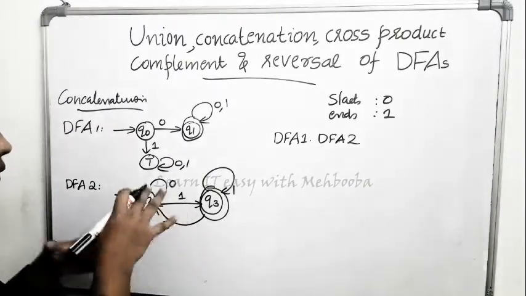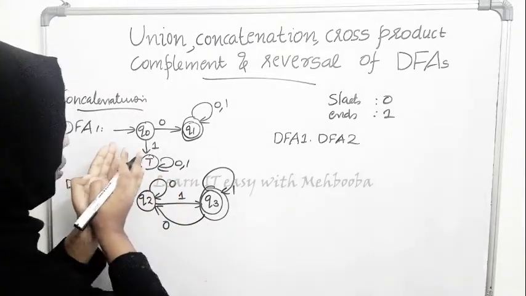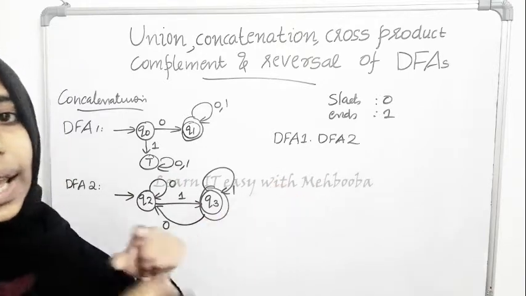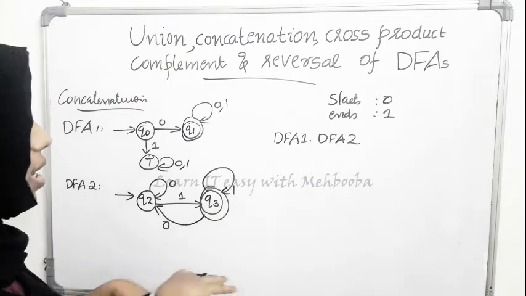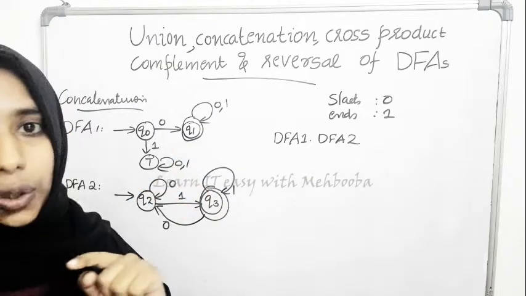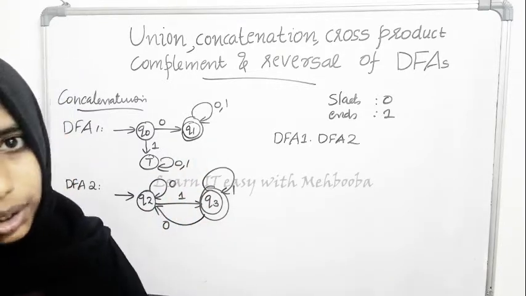When you do this kind of concatenation, the initial state of DFA1 will be the initial state of the combined DFA, and the final state of DFA2 will be the final state of the concatenated DFA, and the final state of DFA1 and the initial state of DFA2 will be merged together.